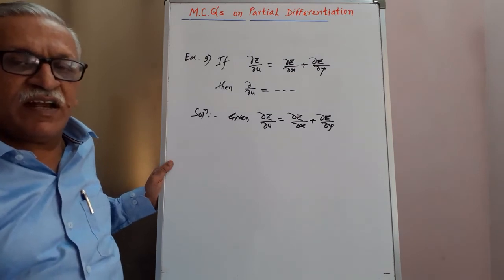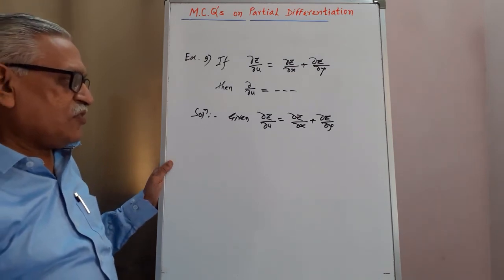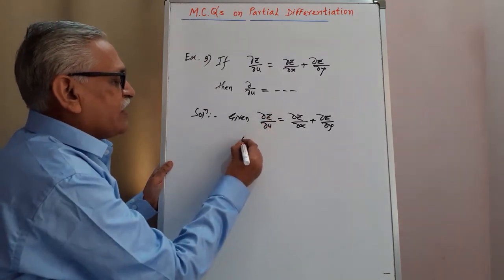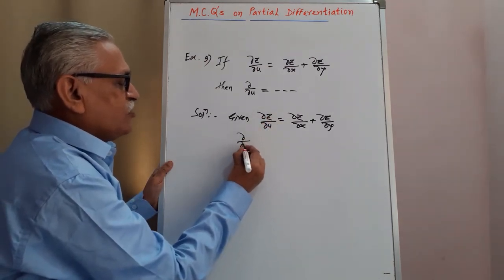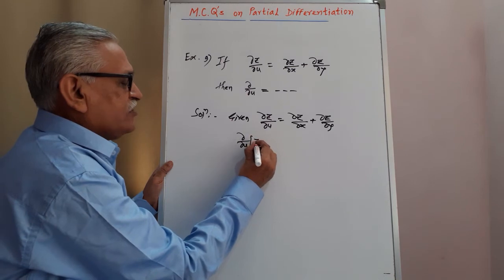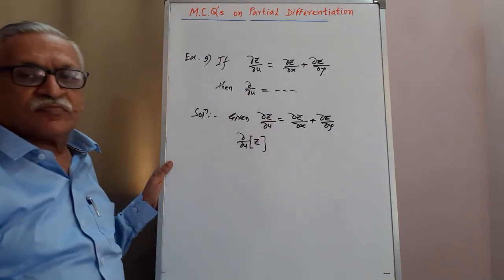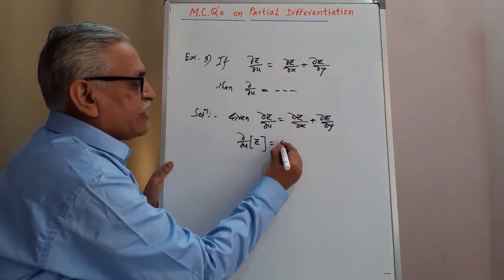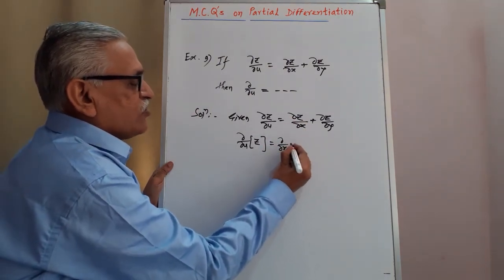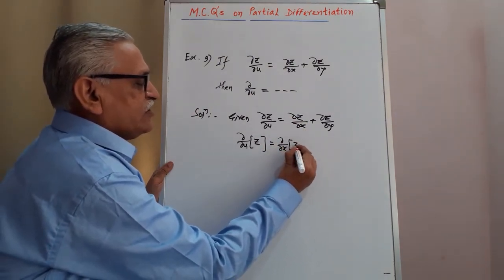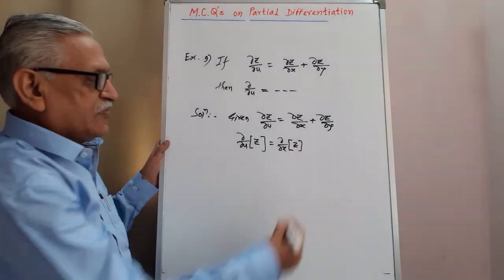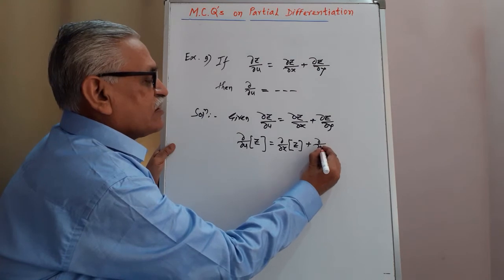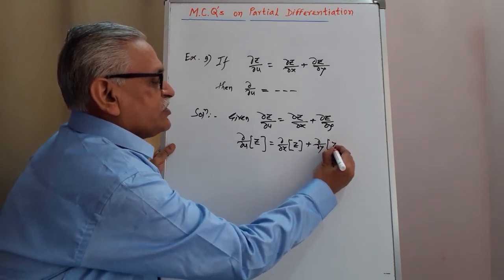This we can rewrite in terms of operators. ∂z/∂u I can write as ∂/∂u operated on z, it is equal to ∂z/∂x, which we can write as ∂/∂x operated on z, and ∂z/∂y we can write as ∂/∂y operated on z.